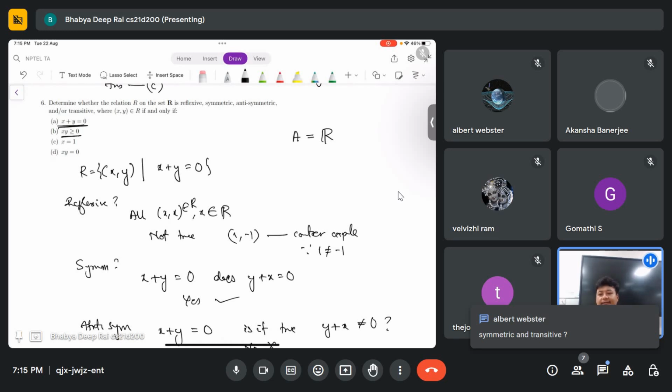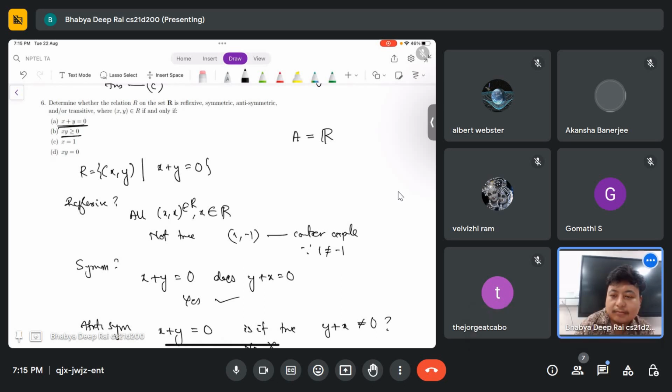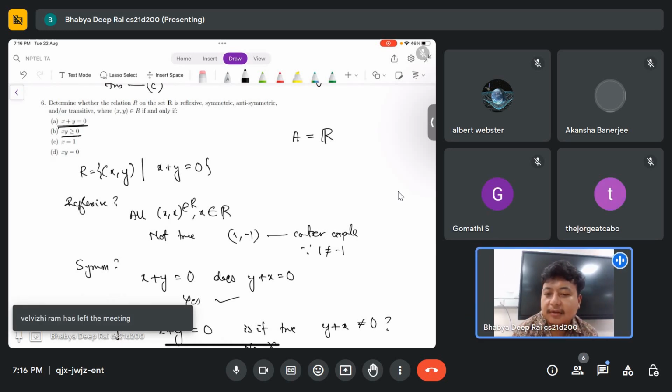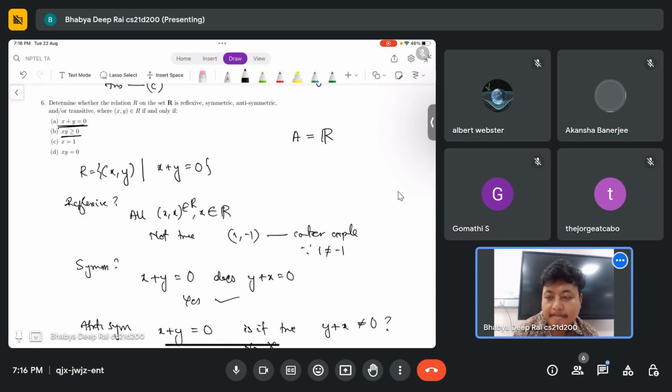Symmetric and transitive. Let's see. So symmetric, definitely. So antisymmetric is out of the box. Reflexive?